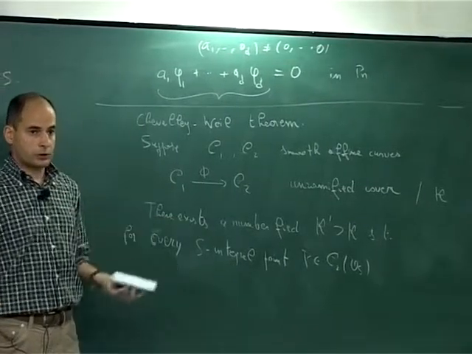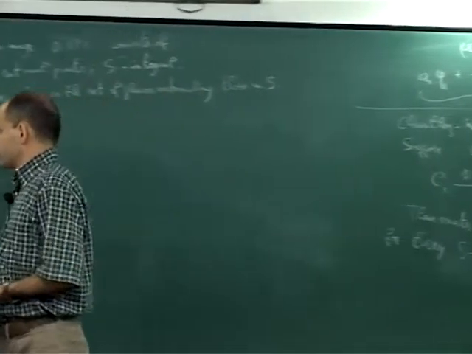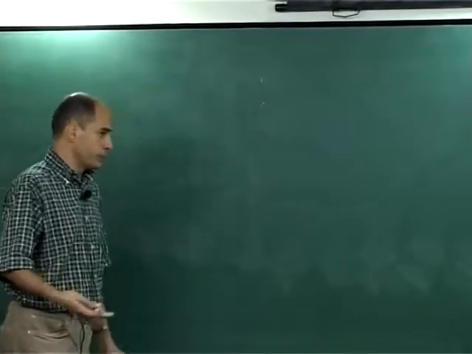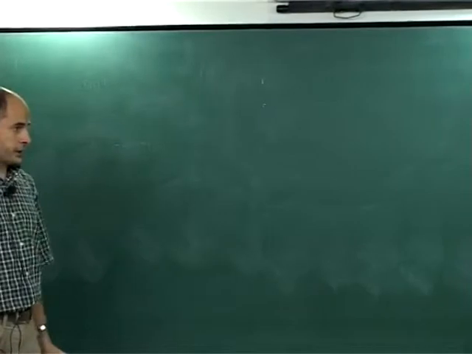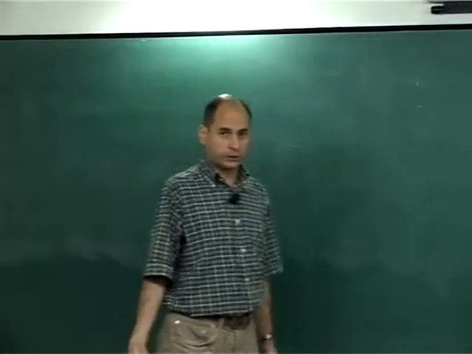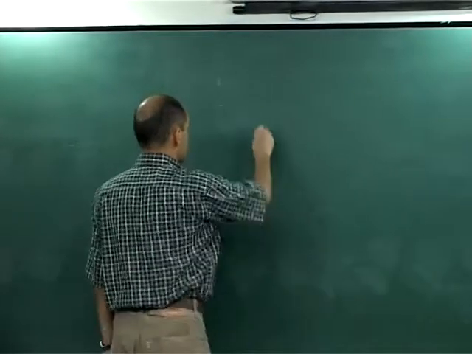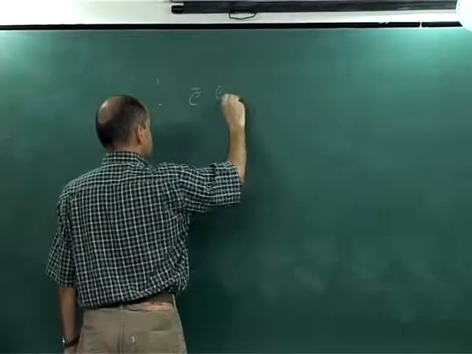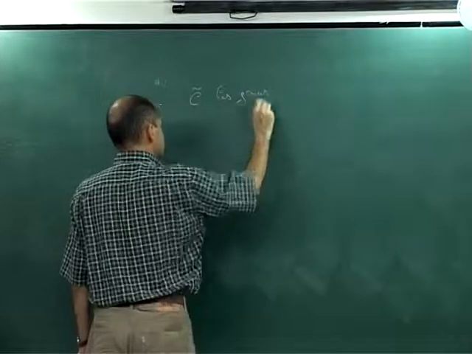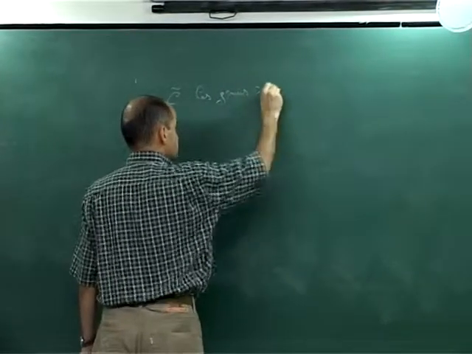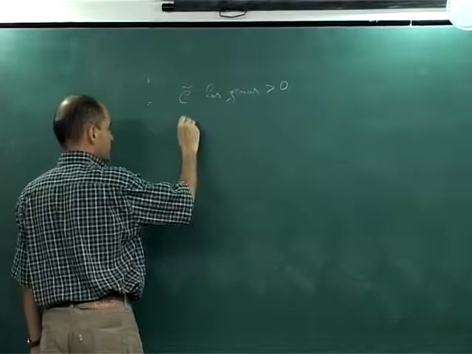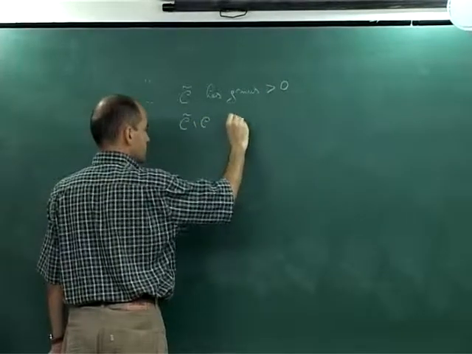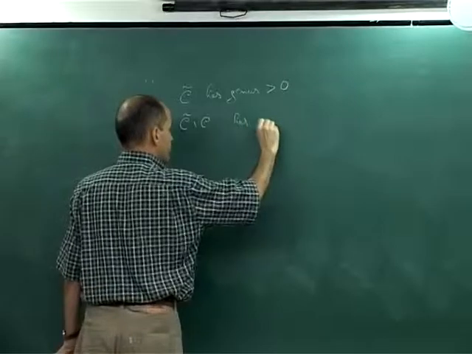infinity. Because consider to be in the worst case with just 1 point at infinity, but with positive genus. So C tilde has genus strictly positive, and C tilde minus C is just 1 point.